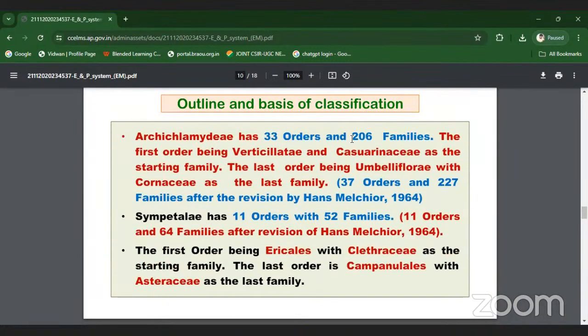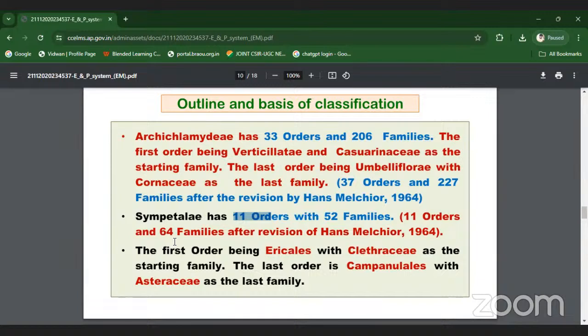Archichlamydeae has 33 orders and 206 families. The first order is Verticillatae with the Casuarinaceae, and the last order is Umbelliflorae with the Cornaceae family. Sympetalae or Metachlamydeae, remember, has 11 orders with 52 families.